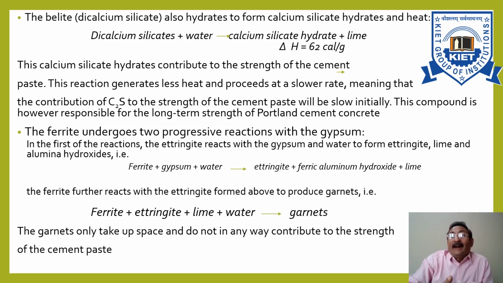Now, the ferrite further reacts with ettringite and produces garnet. Garnet has nothing to do with the contribution to strength.